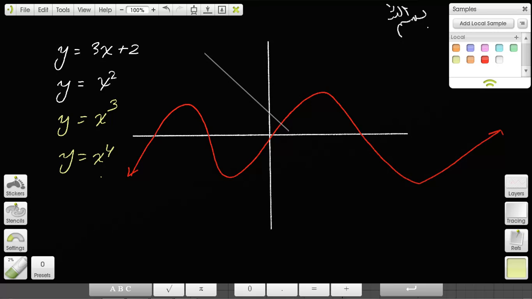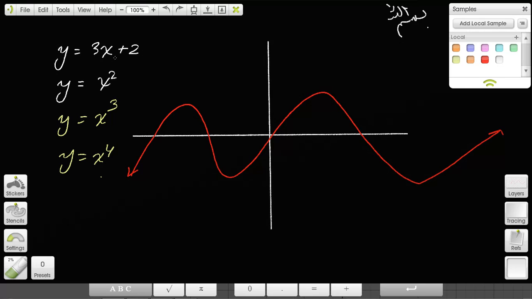This is not a polynomial because polynomials don't have these sharp edges over here. That's not a polynomial. And this is not a polynomial. And this is not a polynomial. So these are some examples of what polynomials are not. So polynomials have smooth contours like this, and they kind of live on.